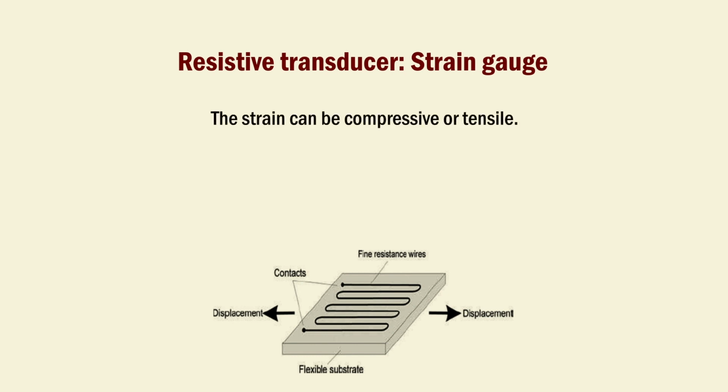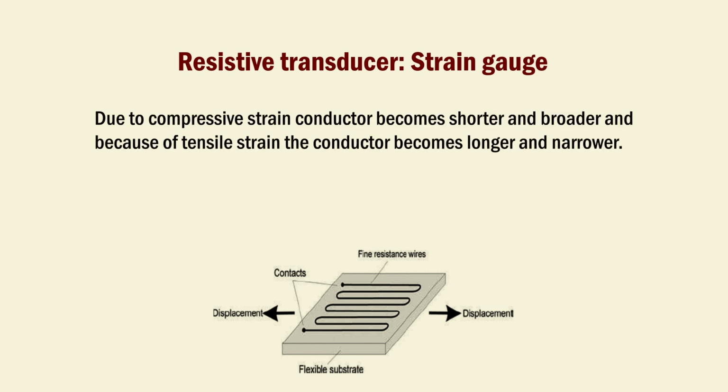The strain can be compressive or tensile. Due to compressive strain, the conductor becomes shorter and broader, and because of tensile strain, the conductor becomes longer and narrower.